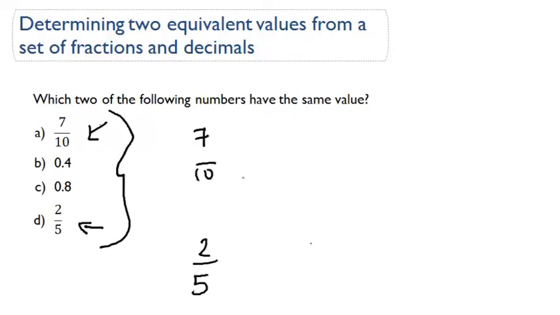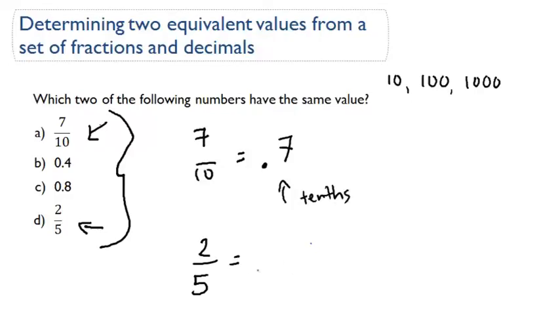Using the previous skill we just learned, convert these into decimals, finding the equivalent fraction with a denominator of 10, 100, or 1000. This first one's already done for us: 7/10 is 0.7 because that's the tenths place.